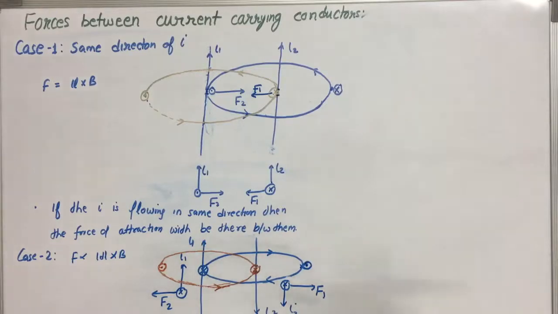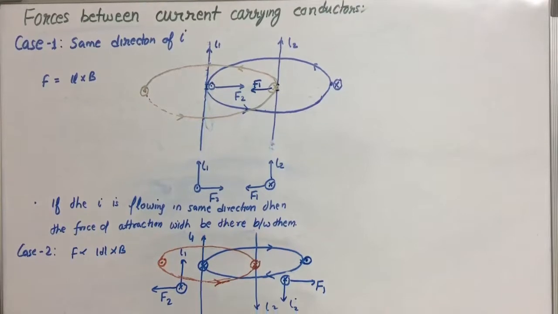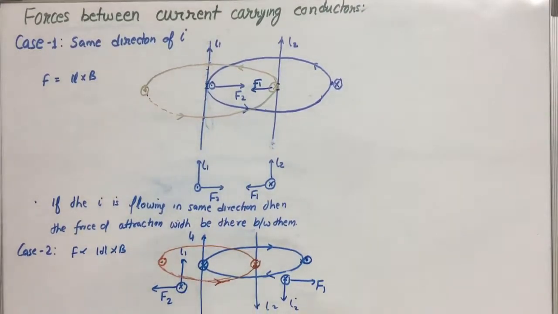So regarding that, we can write one sentence. Let me make it quite clear. We can write that the force between the conductors is repulsive when they are carrying the current in opposite directions.